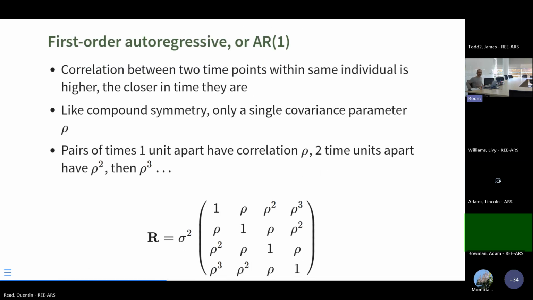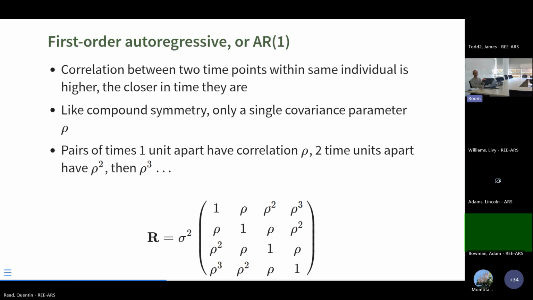First order autoregressive, which some people call AR1, is another way you can do this. It models the correlation between two time points within the same individual as higher the closer in time they are. We still only estimate one parameter, rho, but if two time points are 1 unit apart, their correlation is rho. Time 1 and time 3 are 2 time units apart, so they're correlated by rho squared.